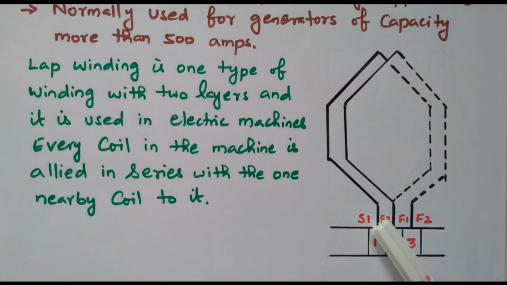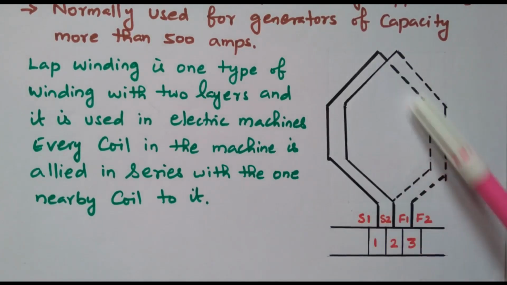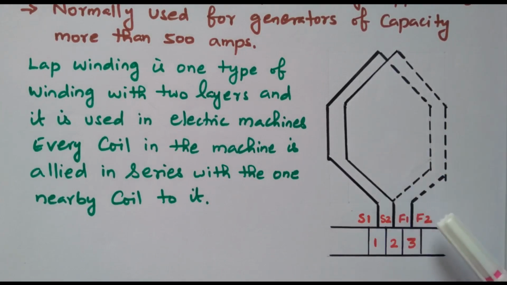So the coil starts at the first slot of the commutator and finishes at the second slot of the commutator. The second coil starts from the second slot of the commutator and finishes at the third slot. Like that the windings are placed. There are n number of windings available, and the number of parallel paths equals the number of poles.